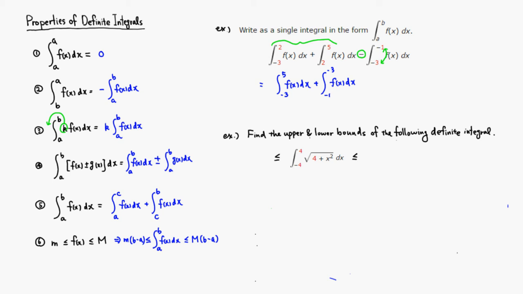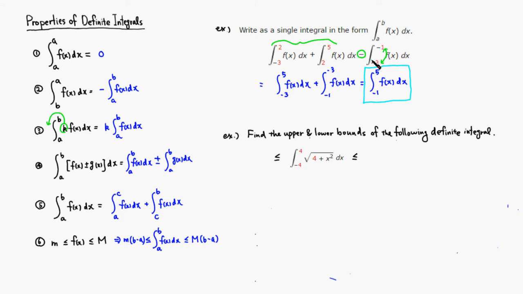So this is going to be the integral from negative 1 to 5 of f of x dx. So we successfully rewrote the expression as a single definite integral. That was the first example.